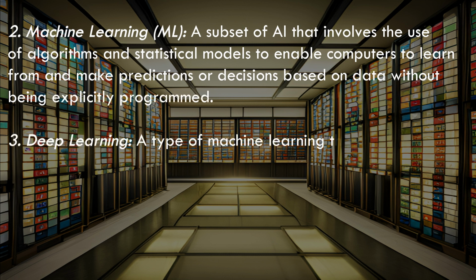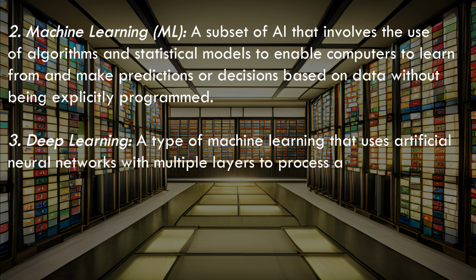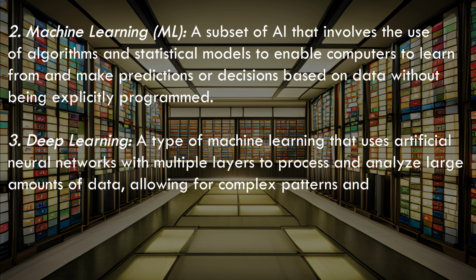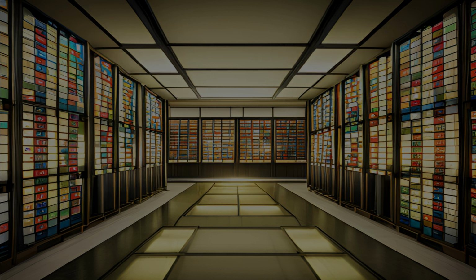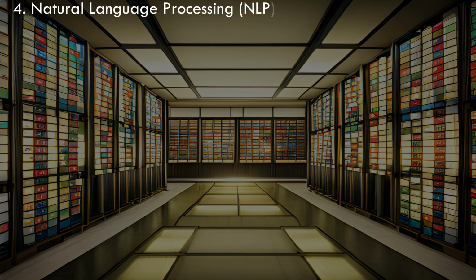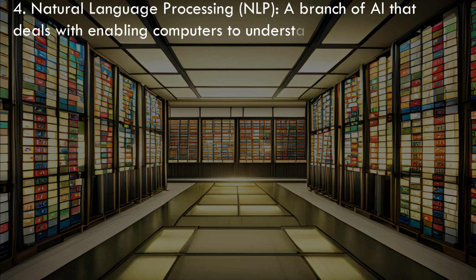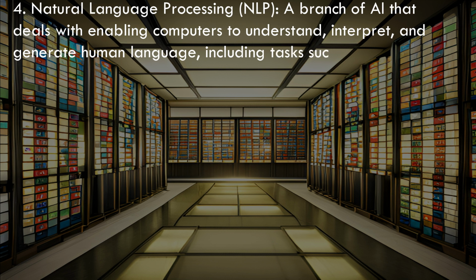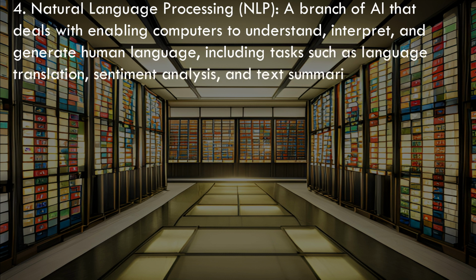3. Deep learning, a type of machine learning that uses artificial neural networks with multiple layers to process and analyze large amounts of data, allowing for complex patterns and representations to be learned. 4. Natural language processing, NLP, a branch of AI that deals with enabling computers to understand, interpret, and generate human language, including tasks such as language translation, sentiment analysis, and text summarization. 5.